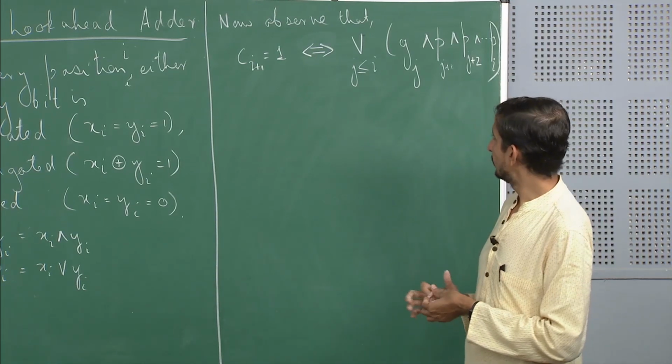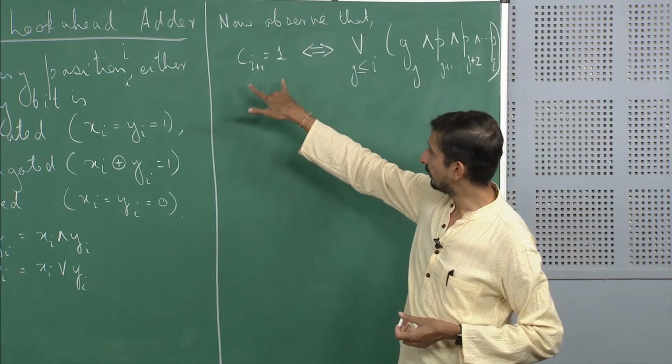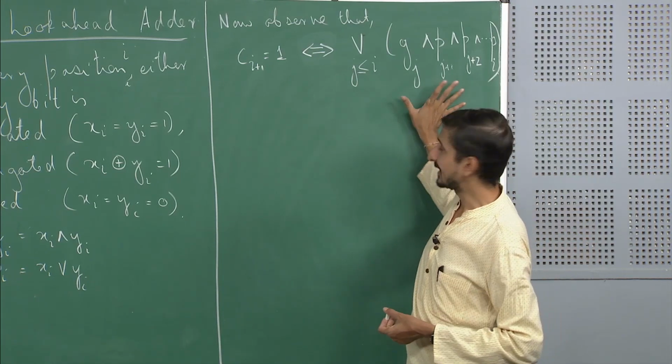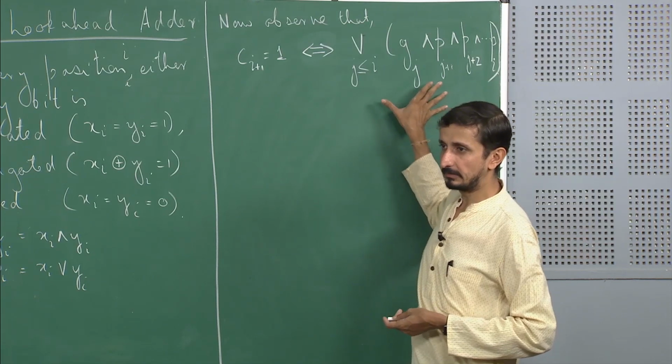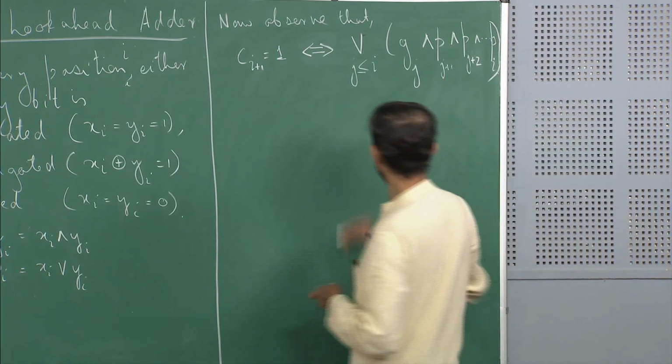Okay. So, now if I want to draw a circuit for this, what is the size of this circuit? I mean, if I look at it, so this is the circuit.